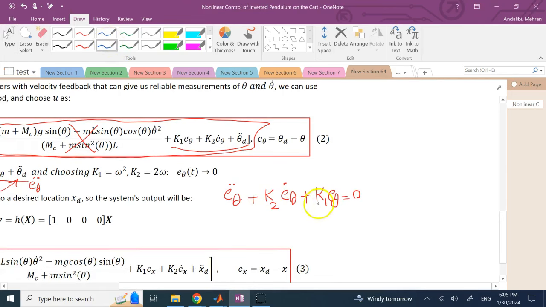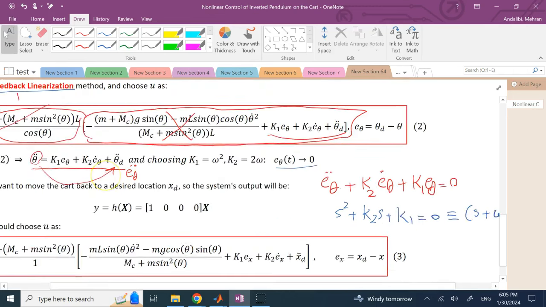Now, what kind of k1 and k2 can I choose so I can guarantee that this error always exponentially goes to 0? If you find the corresponding characteristic equation for this, it is going to be s squared plus k2 s plus k1 equals 0. And if I have this be equivalent to (s plus omega) squared equals 0, then I can be sure that both roots are going to be equal to some negative omega.